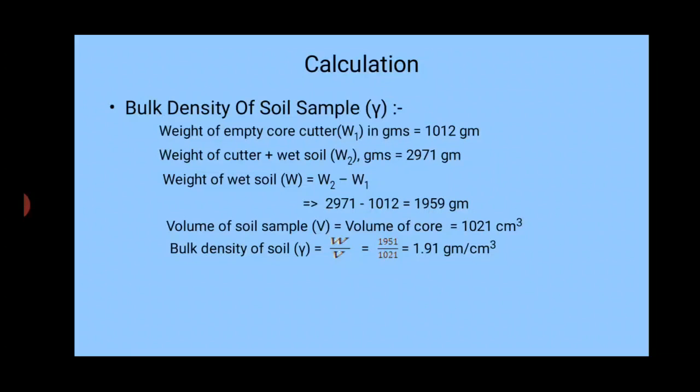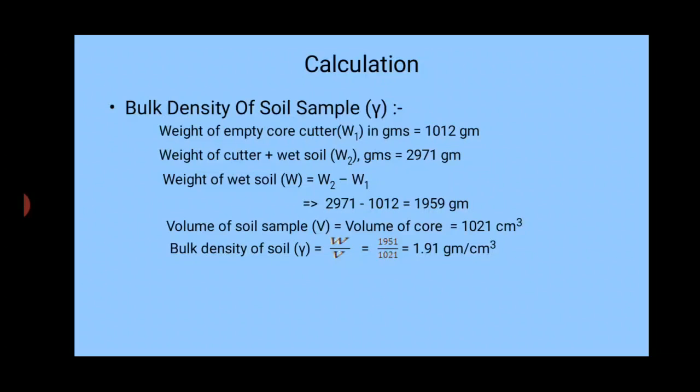So firstly, the bulk density of the soil sample is calculated. We have the weight of the empty core cutter, W1, equal to 1012 gram. Weight of core cutter plus wet soil, W2, is equal to 2971 gram. Then the weight of wet soil is calculated as W2 minus W1, that is equal to 1959 gram.